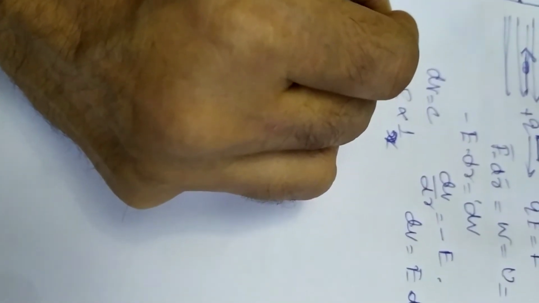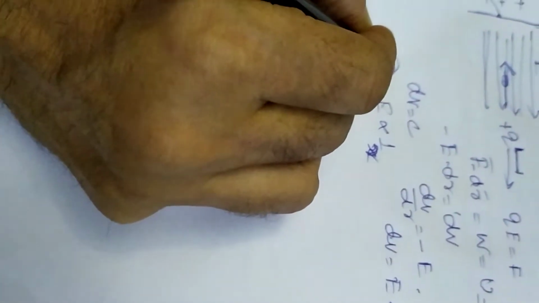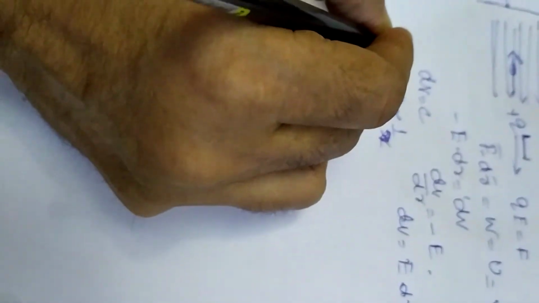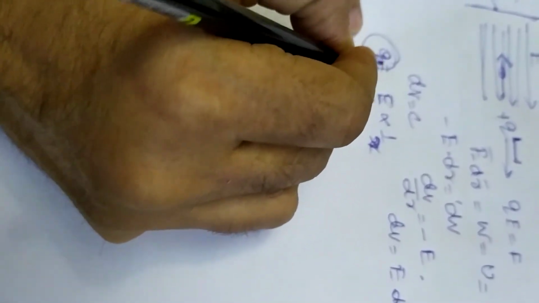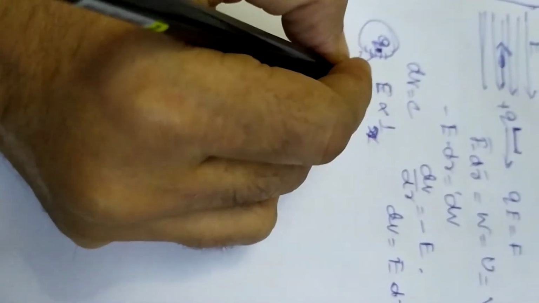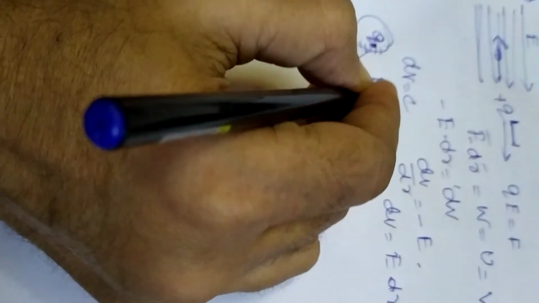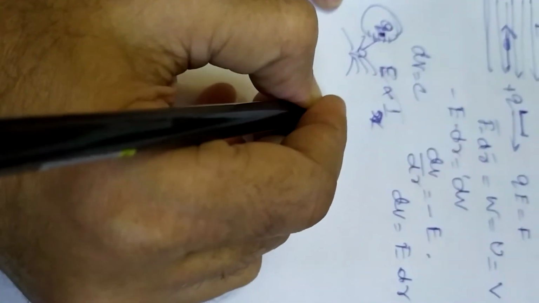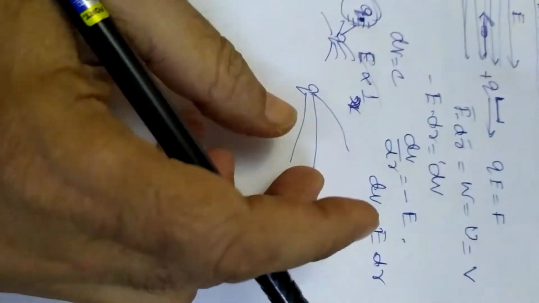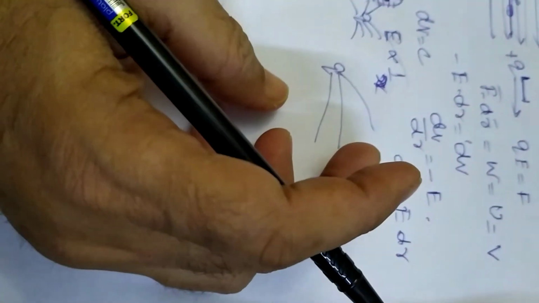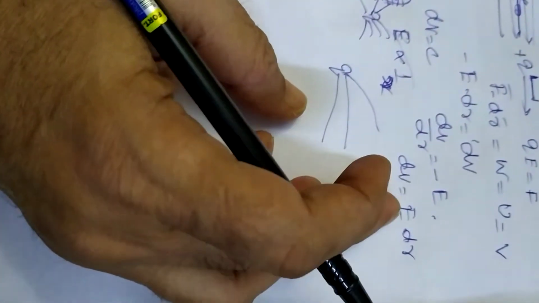At very close distance, where x is very low, the electrostatic field is very high. So we get concentrated lines of force from the charge. But at a far away distance, the lines are highly spaced, like this. So this is the explanation of the electrostatic field and dV.